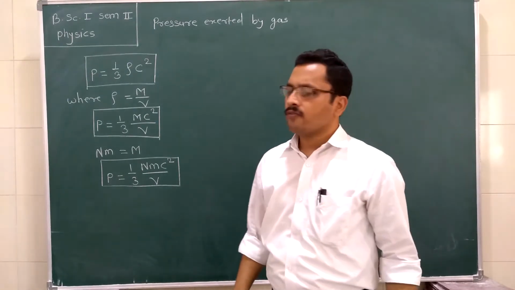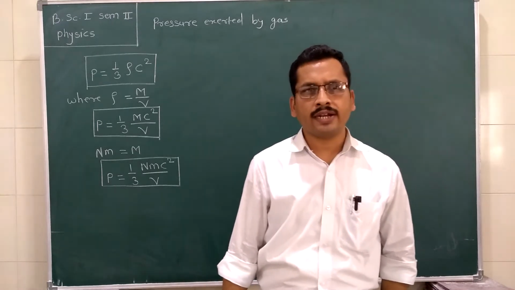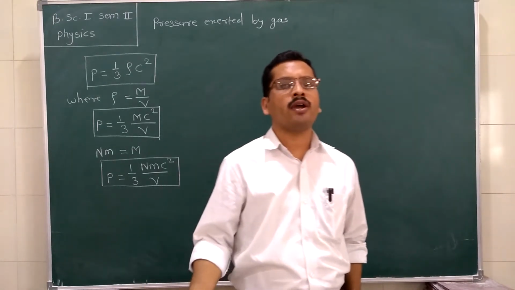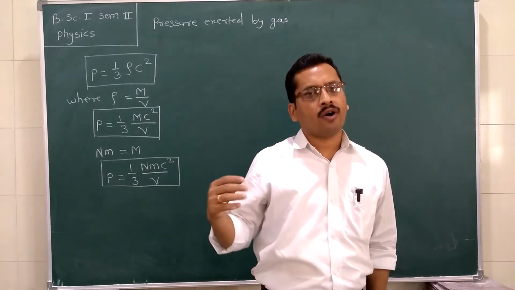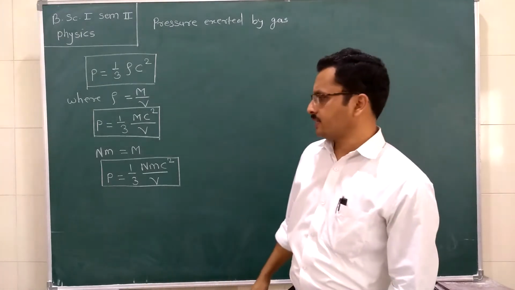Now we are moving towards the ideal gas equation. What is the ideal gas equation? An ideal gas means the gas which obeys all the laws at all temperatures, so it is called the ideal gas.